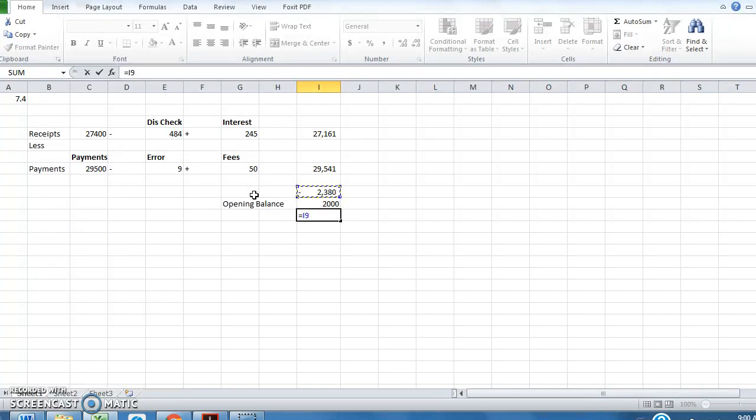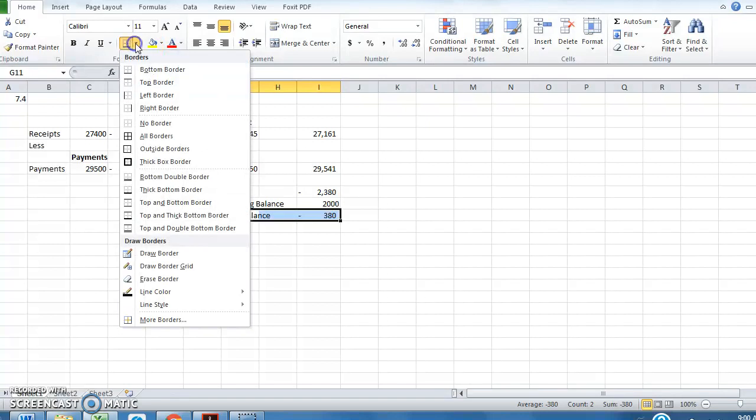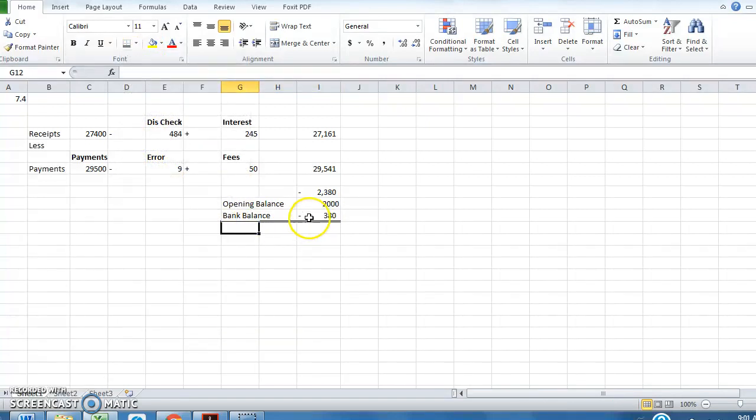So finally, plus our opening balance, which gives us a deficit of 380. So that is our bank balance. Bank balance negative 380, so a deficit.